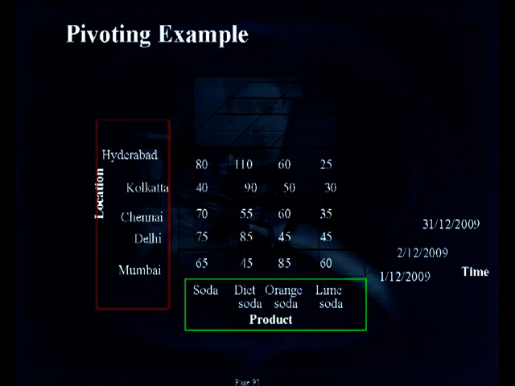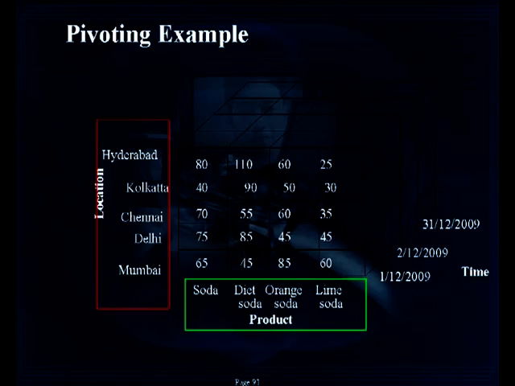For example, rotating may consist of swapping of rows and columns, or moving one of the row dimensions into column dimensions, or swapping an off-spreadsheet dimension with one of the dimensions in the page display. It can become one of the new rows or columns, etc. So we call this type of operation pivoting.